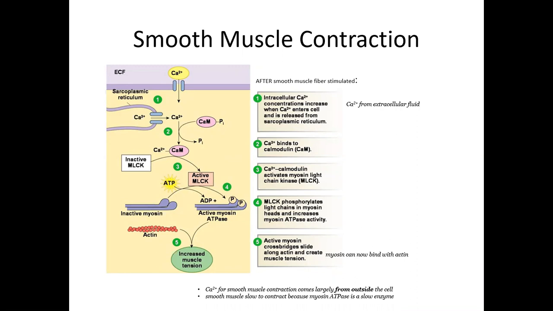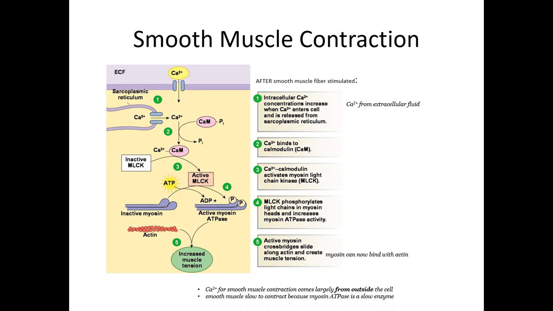This calcium, not the one that came from the outside, but the one that came from the sarcoplasmic reticulum, then binds to calmodulin, acting as a second messenger, and then the activated calmodulin will activate myosin. Okay. The myosin kinase, it will activate the myosin kinase, which then will phosphorylate the myosin. Okay. And then once the myosin has been phosphorylated, it can form a cross bridge with the actin.